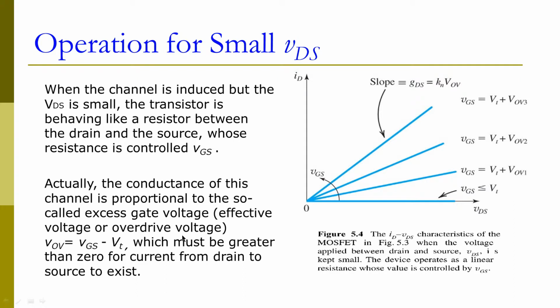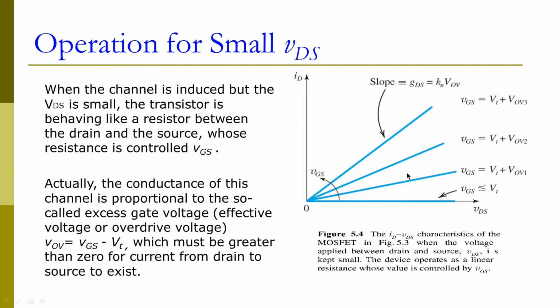Right? This is the effective voltage or overdrive voltage, calculated by VOV equals VGS minus VT, right? The gate voltage is bigger than our threshold voltage, and this difference gives us the excess gate voltage. This excess gate voltage must be greater than 0 for current to flow from drain to source, because only when it is greater than 0 can we form the channel.